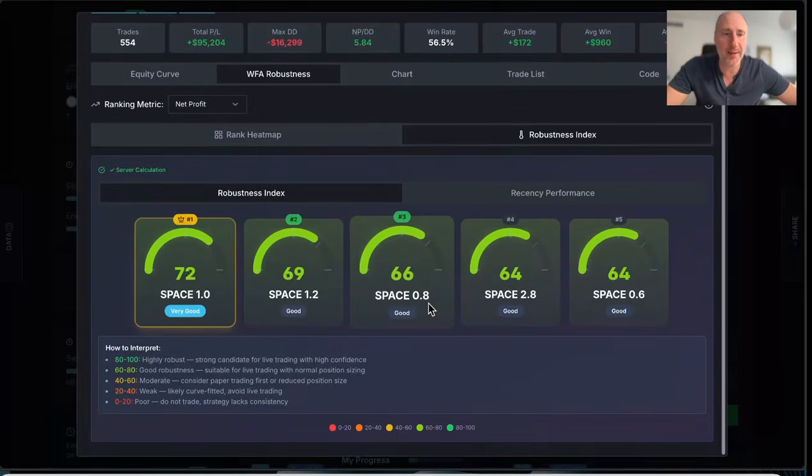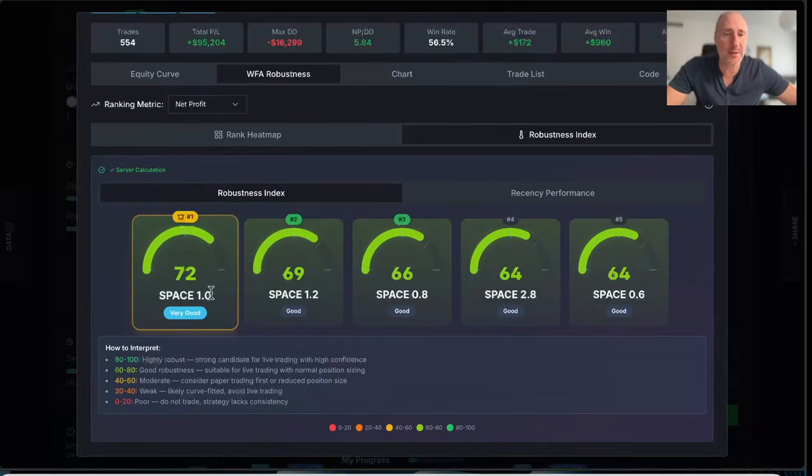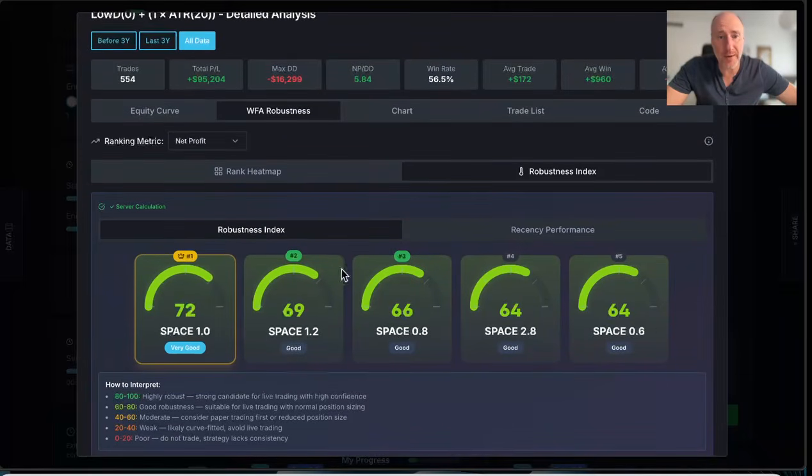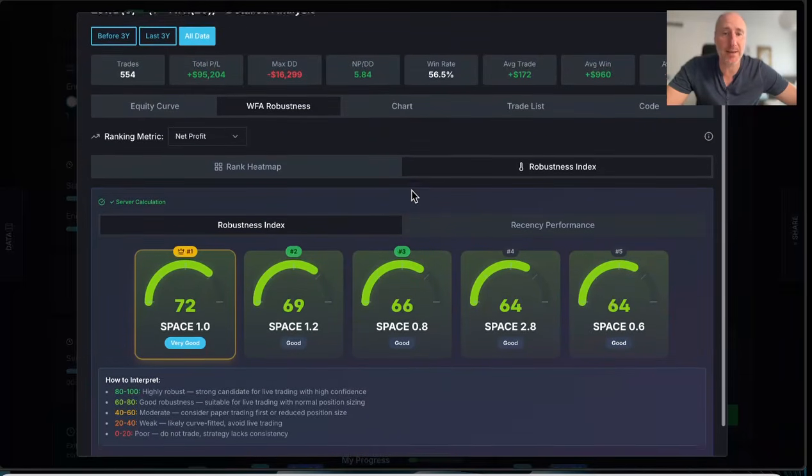And with this rating, space 10, we're getting 72%. Anything 70 to 80 is good robustness. So we are getting good robustness by the BreakoutOS robustness assessment itself.